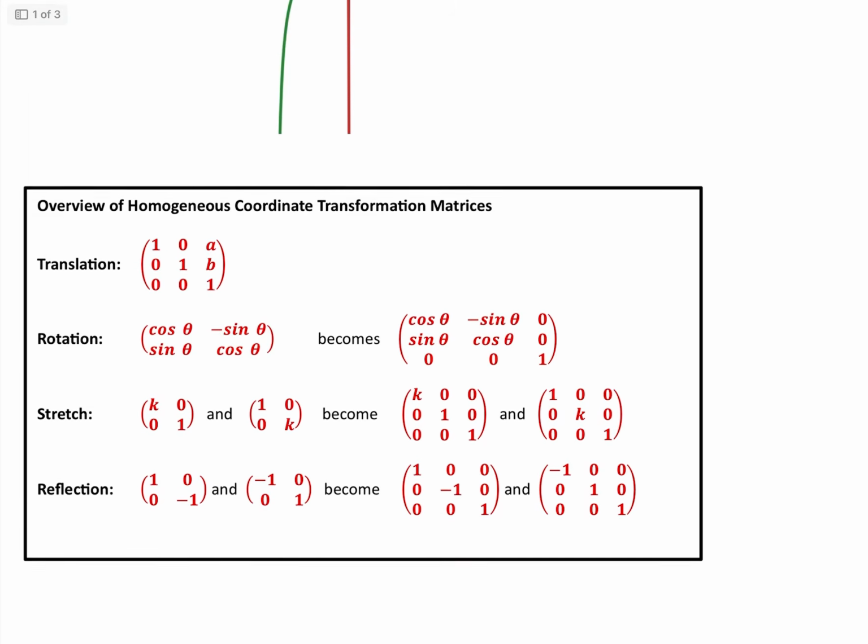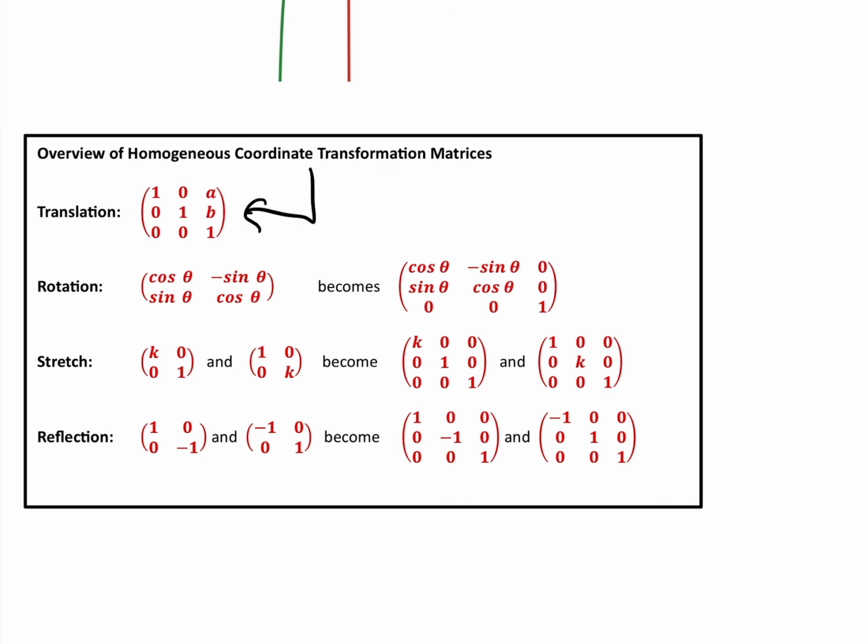Okay, so what we are going to do is use a different matrix called a homogeneous coordinate transformation matrix, where we add this extra column here and this extra row here, and the A means a translation by A that way, and the B means a translation by B that way.